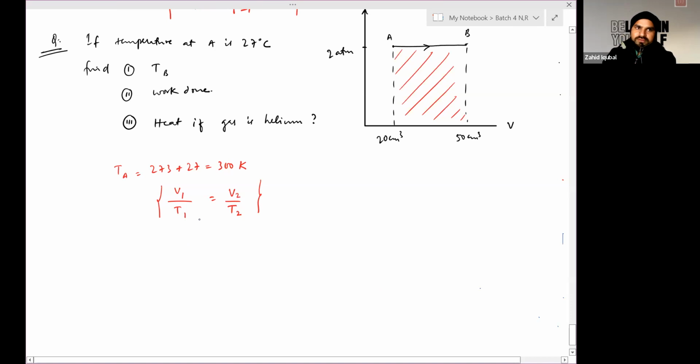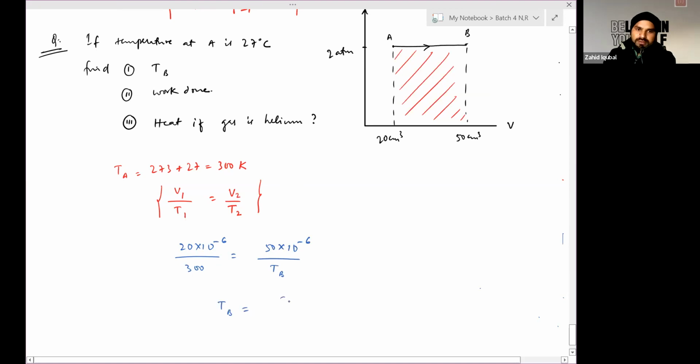Let me solve the first part. We have volume V1, 20 centimeter cube, times 10 to the power minus 6, T1, the temperature at point A, 300 Kelvin. V2 is 50 times 10 to the power minus 6. The temperature at point B we have to calculate. So just rearrange it.